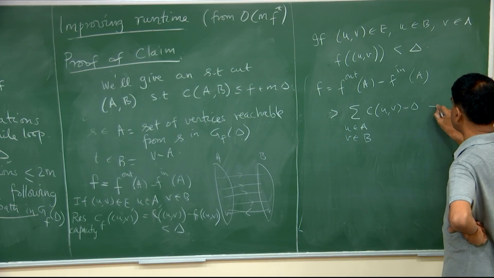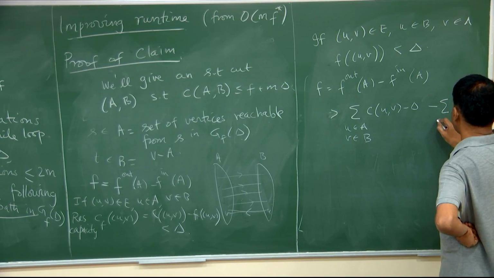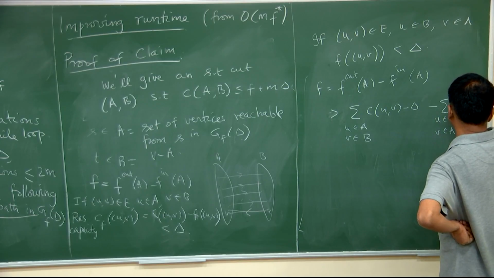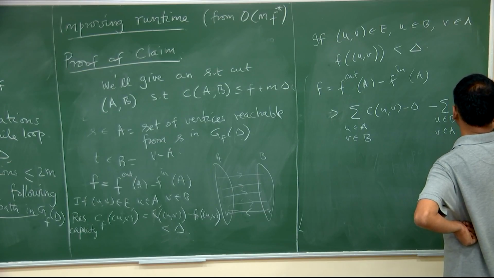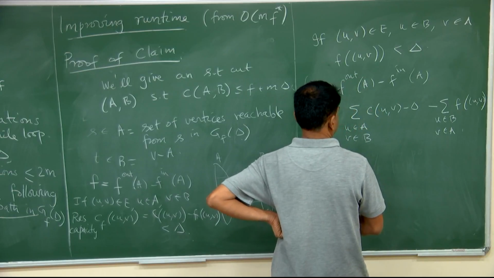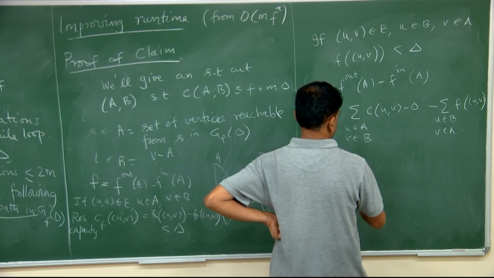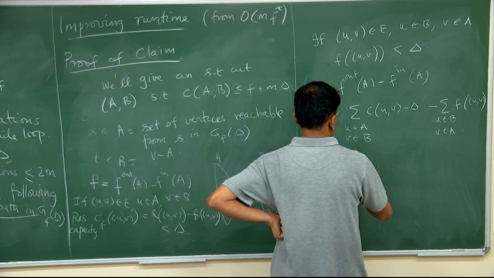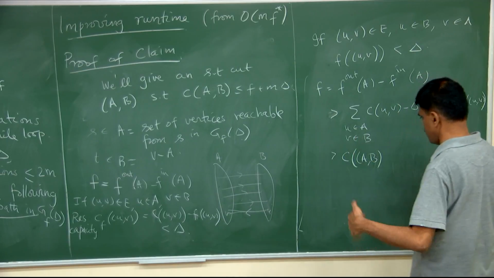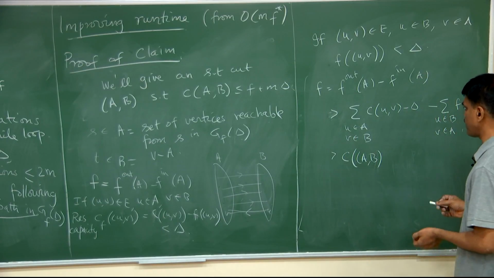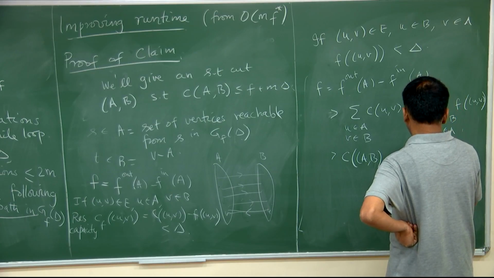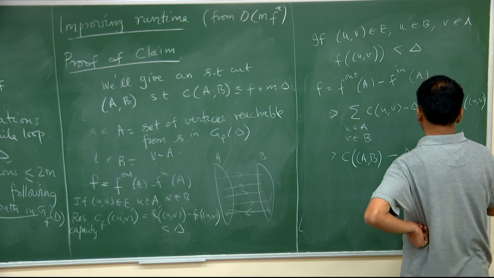So it's minus, but this is strictly less than delta, so I can write this as the capacity of the cut AB. This is exactly the capacity of the cut AB. When you talk about capacity, it's only edges going from A to B, minus delta. Here also it is delta because of this.